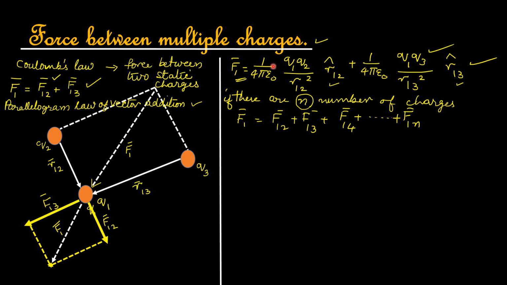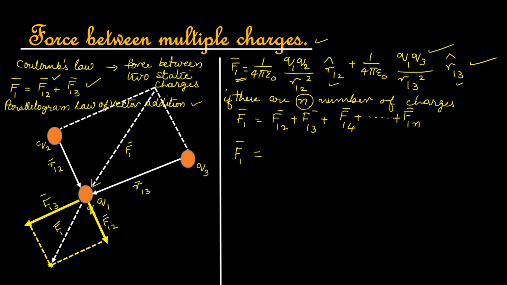So we can take these two quantities outside, that is 1 by 4 pi epsilon naught into Q1, and then add up the remaining portion of the equations pertaining to all the n number of charges, that is Q2 by R12 into R12 cap plus Q3 by R13 into R13 cap plus the force exerted by the nth charge.